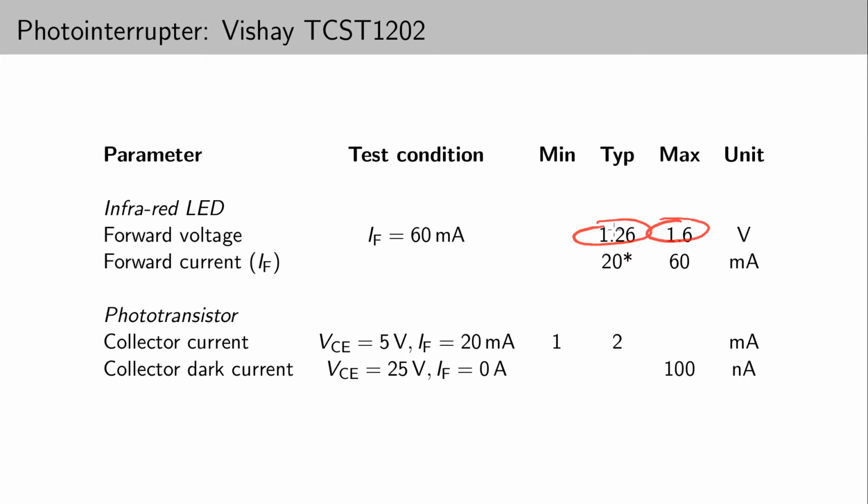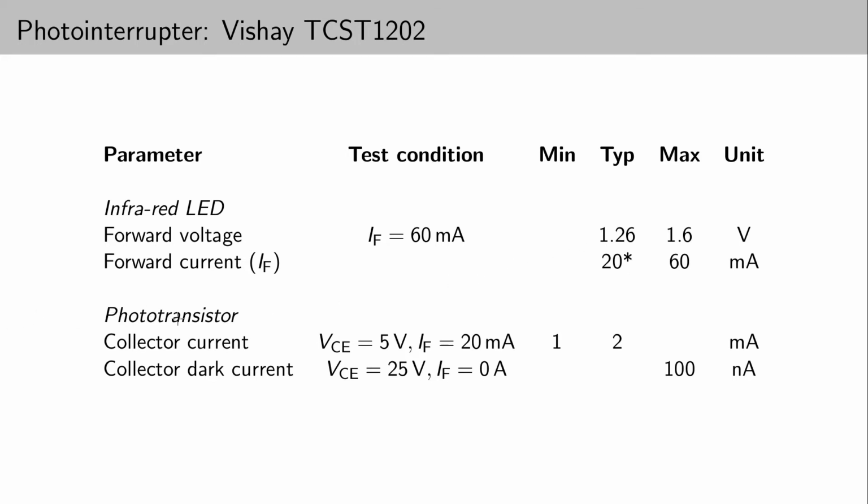So we can take a kind of typical value for the forward voltage of the LED, but make sure that things work for the maximum as well. The maximum forward current they specify is 60 milliamps, but a lot of the other characteristics and graphs in the datasheet are based on a forward current of 20 milliamps. So that's what I'll design to, 20 or 25 milliamps. It seems reasonable.